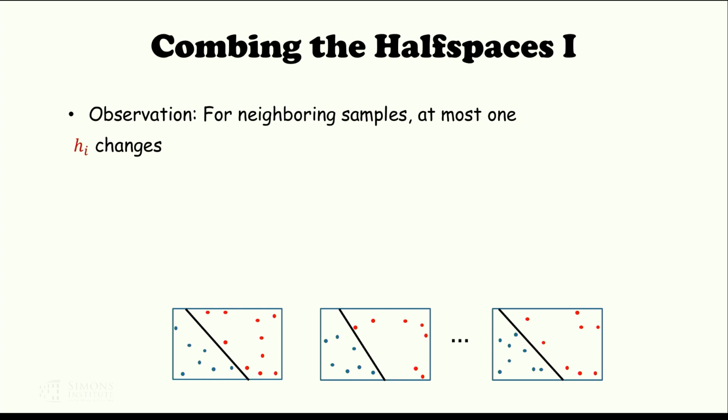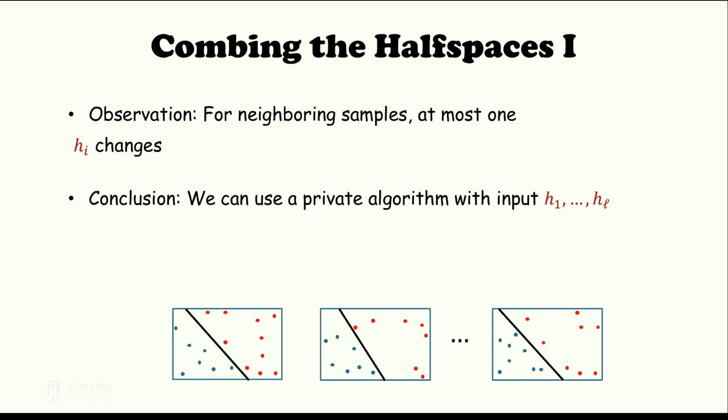This means that it's enough to construct a private algorithm whose input is L half spaces. If we protect the privacy of these L half spaces, we'll protect the privacy of the original sample. So this is what is usually done in the sample and aggregate. So this is good. We have to combine H1 to HL in a private manner.